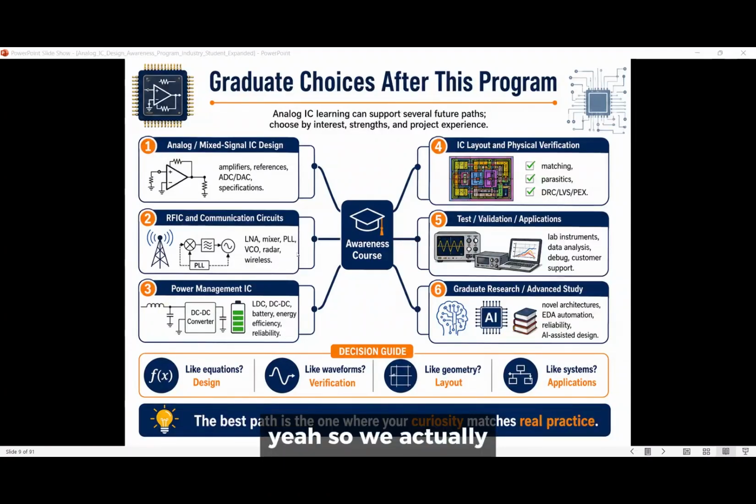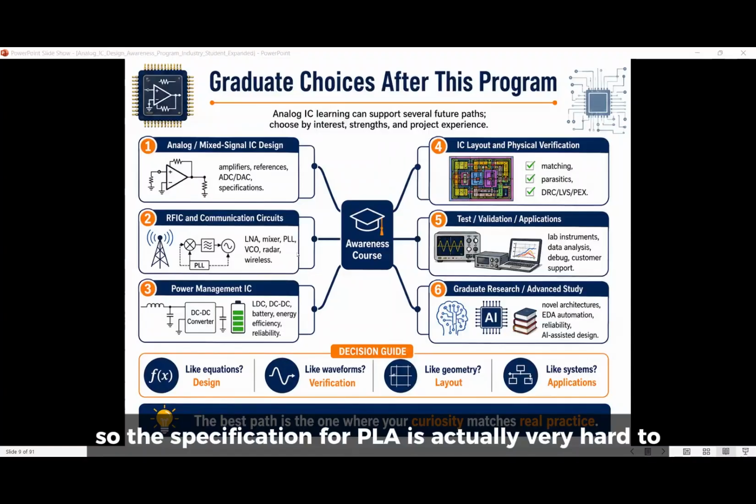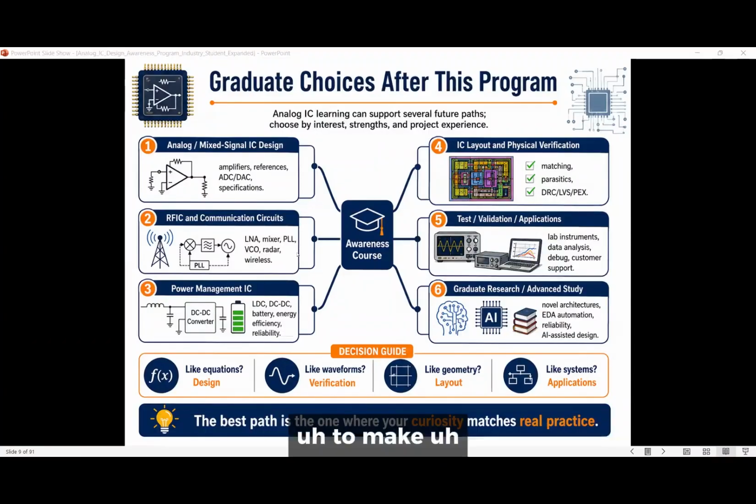So we need a very precise, robust clock to synchronize the incoming data. The specification for a PLL is actually very hard to ensure in many circumstances.